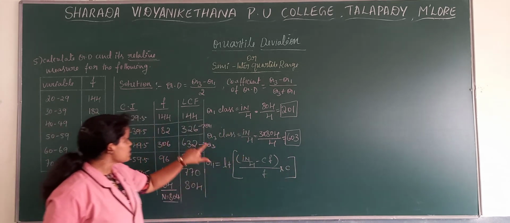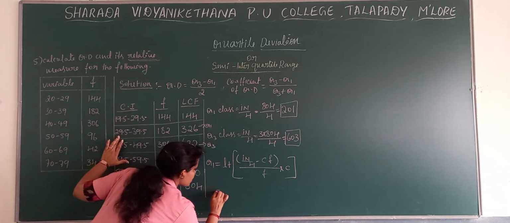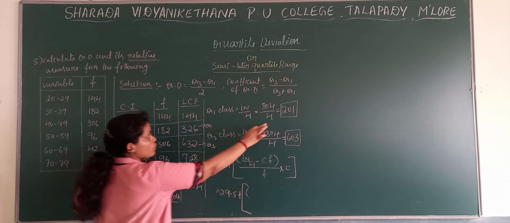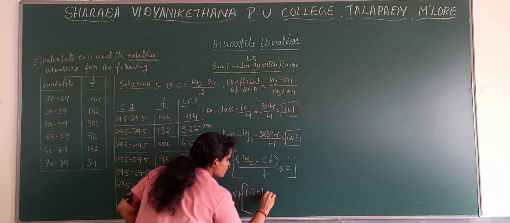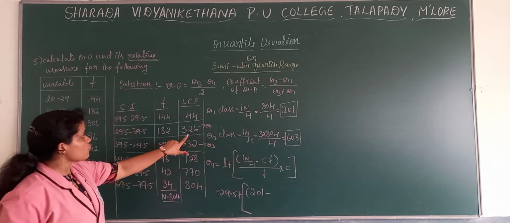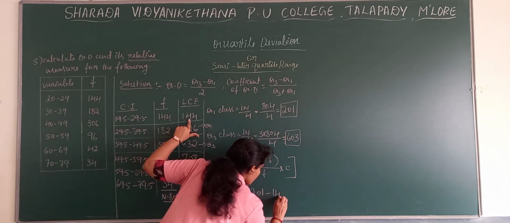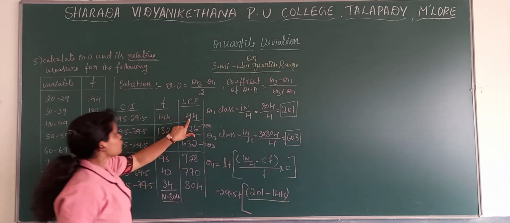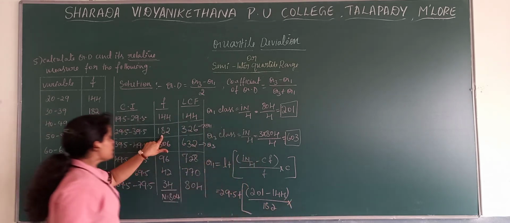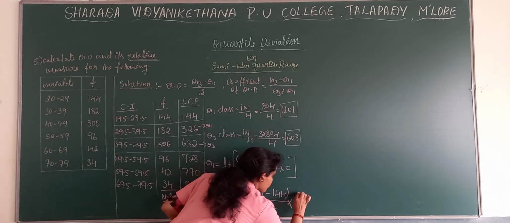Now we know that this is the Q1 class. Take the lower limit. Lower limit is 29.5 plus n by 4 we got as 201 minus CF, cumulative frequency preceding the class, that is 144, divided by frequency of the class, that is 182, into the gap between the class interval, lower limit and upper limit, is 10.